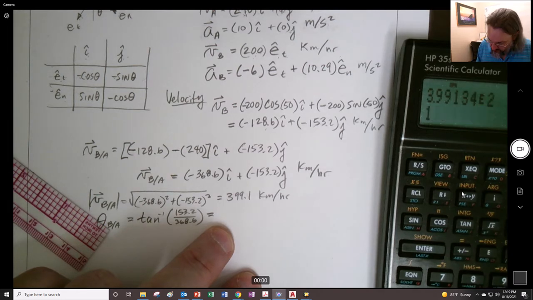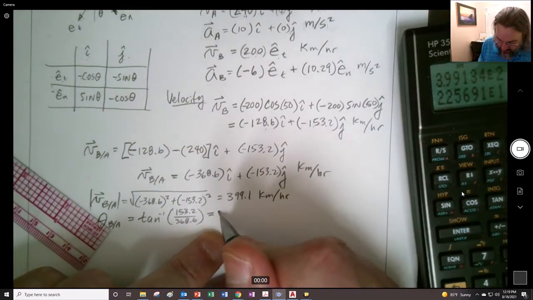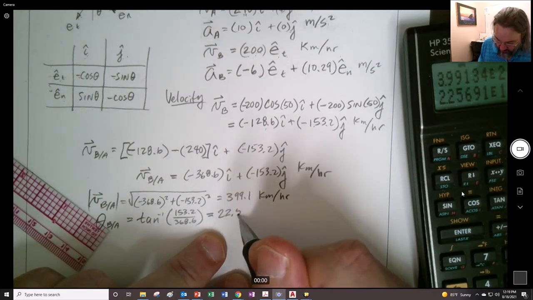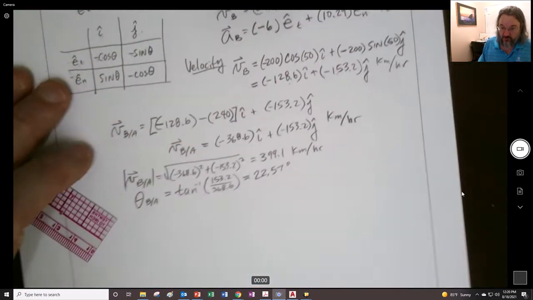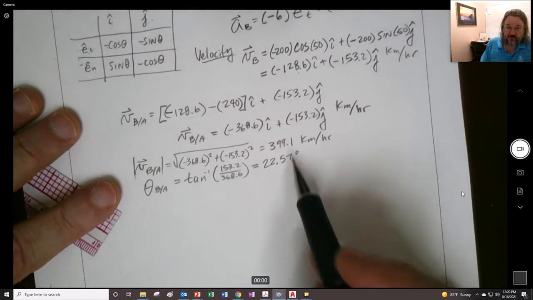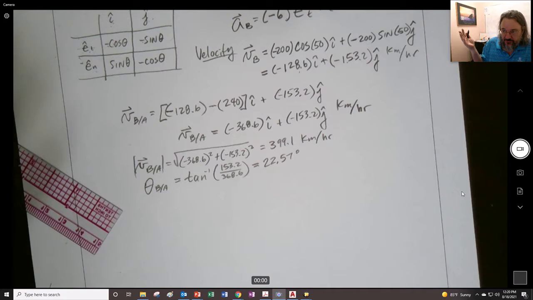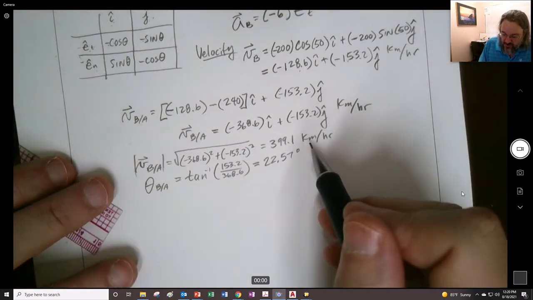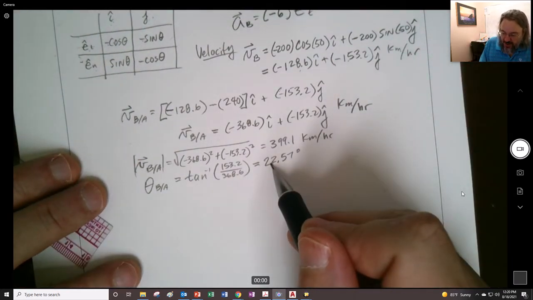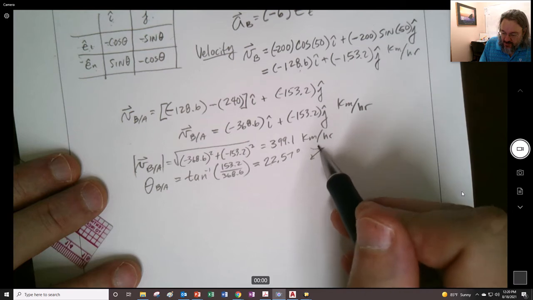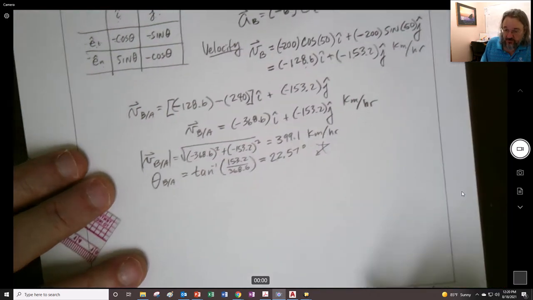So we just take the 153.2 and the 368.6, divide them, and take the inverse tangent, and we have that it's 22.57 degrees, right? So when we give the answer, we'll say it's 399, just 3 sig figs, good enough, kilometers per hour, and at this angle, coming down in that quadrant right there, right?